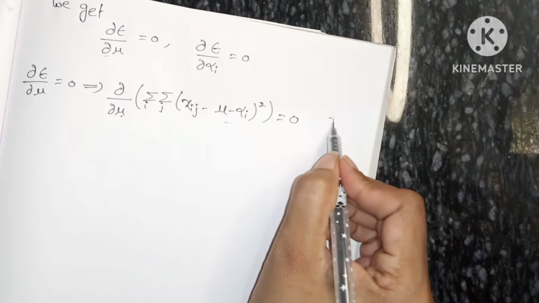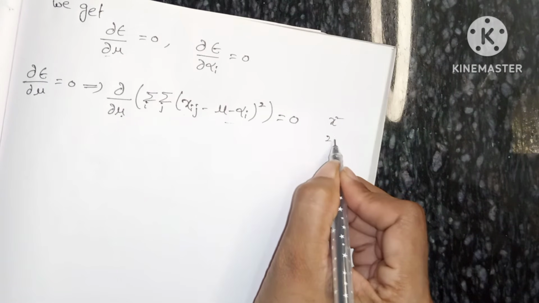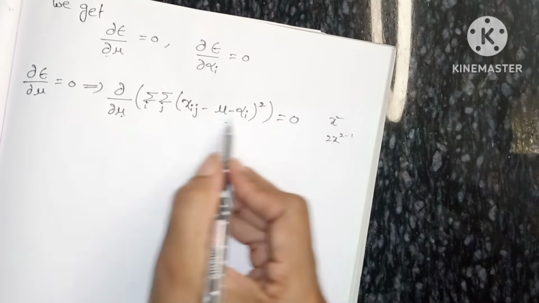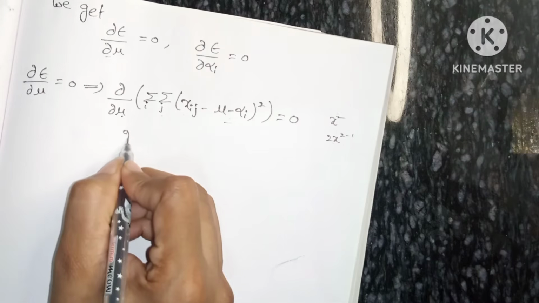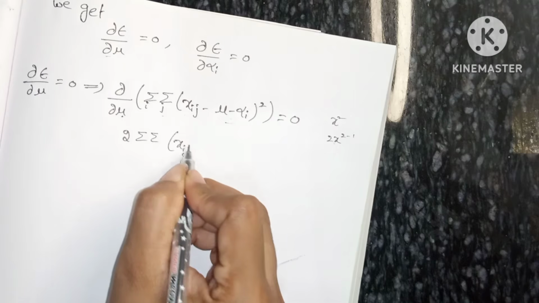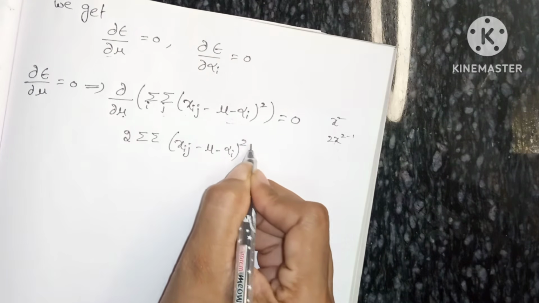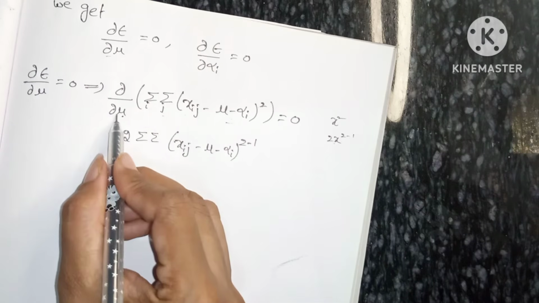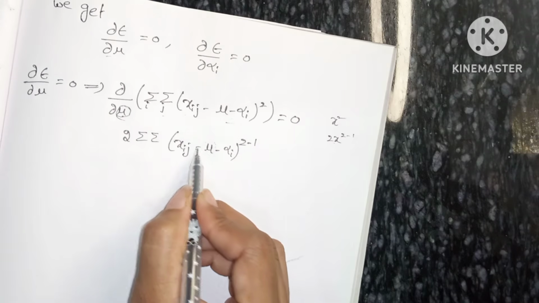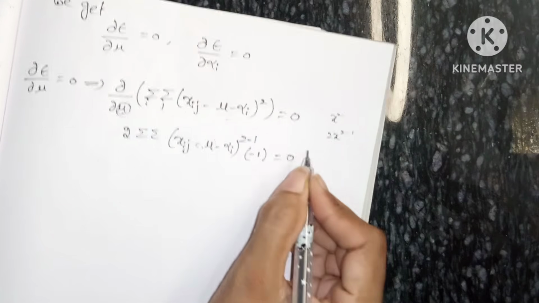This is in the form of x square, and the derivative of x square is 2 into x to the power of 2 minus 1. So here we have 2 into double summation xij minus mu minus alpha i whole to the power of 2 minus 1. With respect to mu we are differentiating, so what is the coefficient of mu? We have minus 1. So that's why minus 1 equals 0.